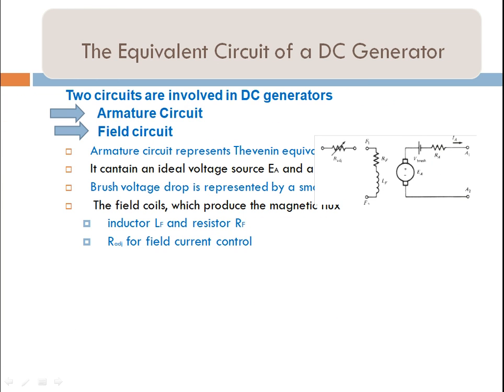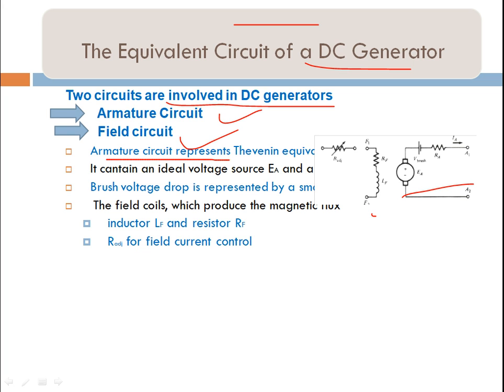Now the equivalent circuit of a DC generator. Two circuits are involved in a DC generator: one is the armature circuit and the other is the field circuit. You can see the armature circuit here, and this is the field circuit.